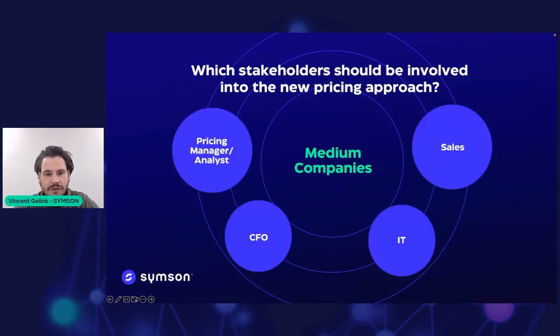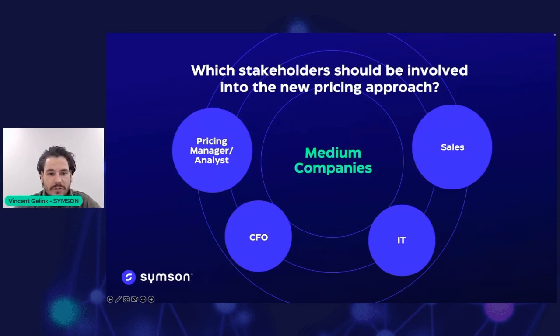If we take the next step and look at the medium-sized companies, we already see an add-on of extra persons who are involved in the pricing strategy. What we have found in our research and the experience that we have today is that people from sales, IT, but also someone from finance, mostly the head of finance, and someone who is responsible, for instance, for the e-commerce side of the company, is involved in this process.